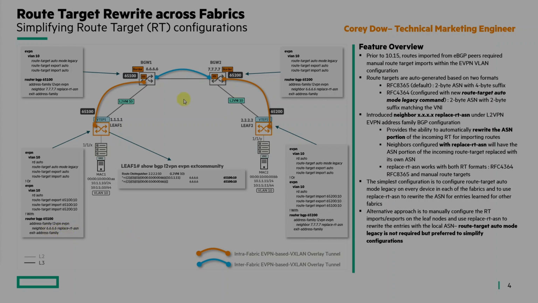In this topology diagram, we have two fabrics. On the left-hand side, we see fabric 1 with ASN number 65100, and then fabric 2 on the right-hand side with ASN 65200. These two router IDs are connected using an eBGP tunnel as illustrated with the blue icon.